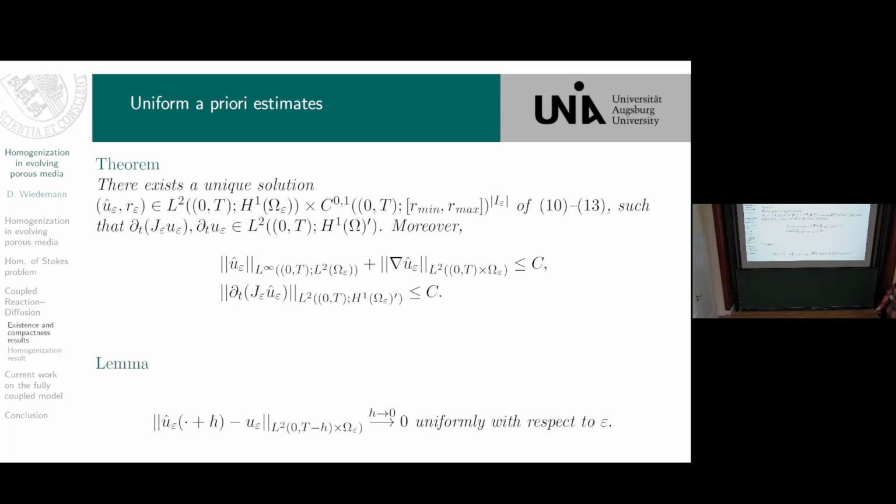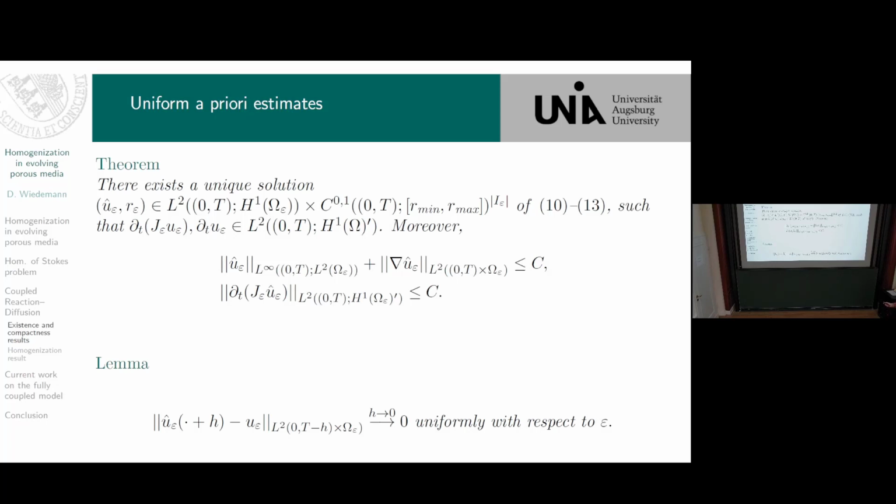What we did instead is apply the step-up argument and could control the shift with respect to time of u epsilon uniformly with respect to epsilon, having this uniform convergence to 0.